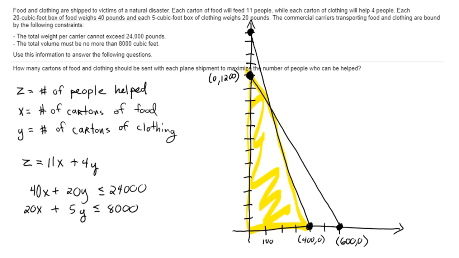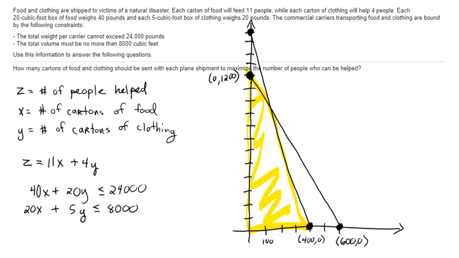A real easy point to test here would be the ordered pair 1, 1. If I plug 1, 1 into either of these constraints, I'm going to get a true statement. So where I have it highlighted in yellow, that's the region I'm focusing on. Again, if I plug 1 in for my x's on my constraints, I'm going to get a true statement on both of them.